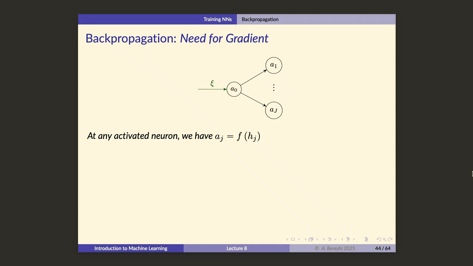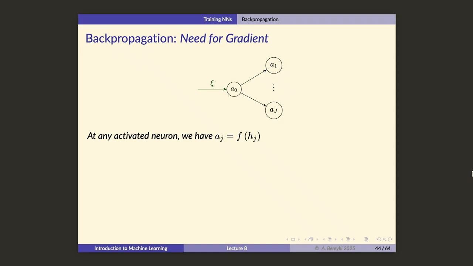I'm not going to have those partial derivatives. For instance, say I am looking at one particular node, Aj. Aj is the activated value, passed through one activation function, f. So I had one linear value, hj, initially computed, and out of that I activated it and got Aj.